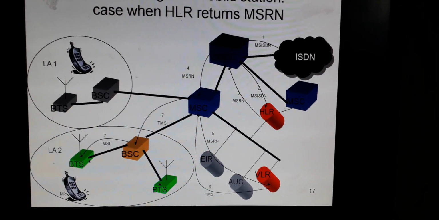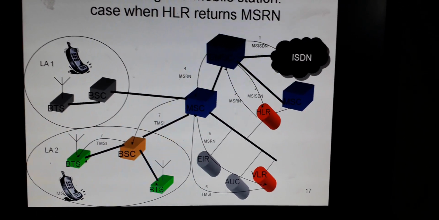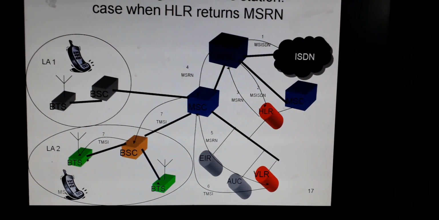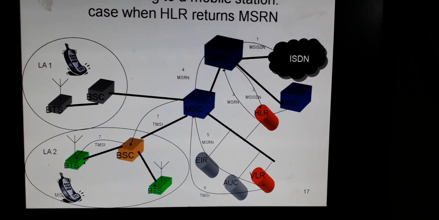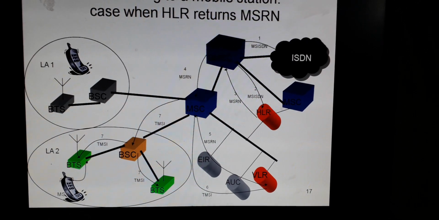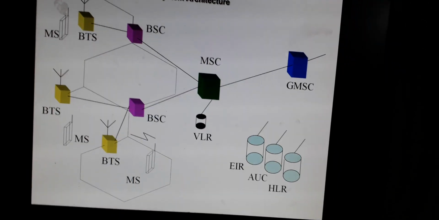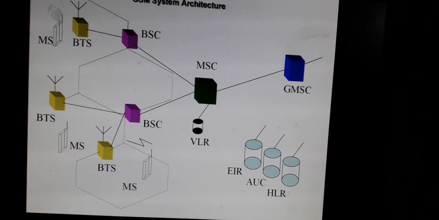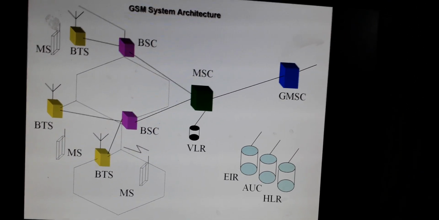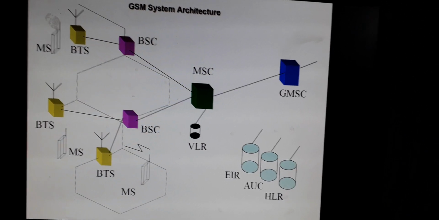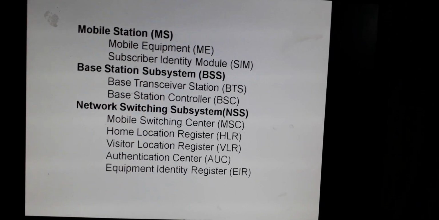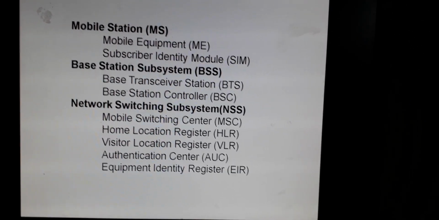In the last, 7th step, TMSI is generated in order to hide the identity of the correct IMSI number. Important parts: MSC, GMSC, VLR, HLR, authentication center, equipment identity register, and all. Already these are discussed in the class.